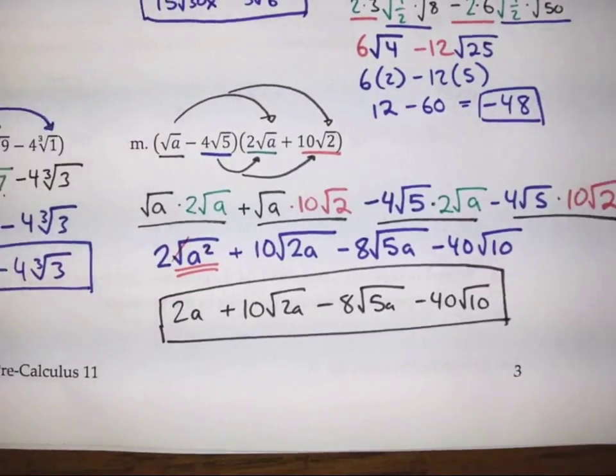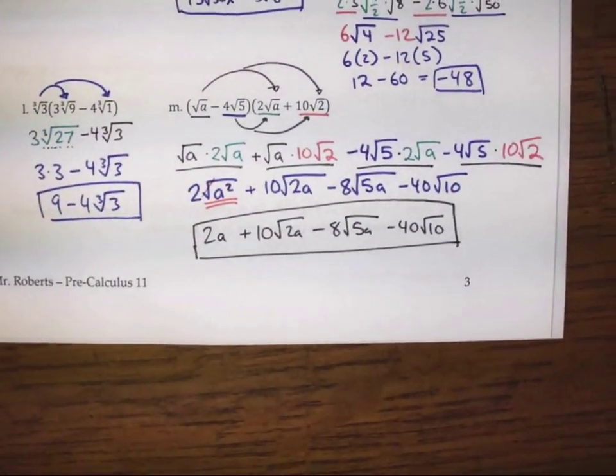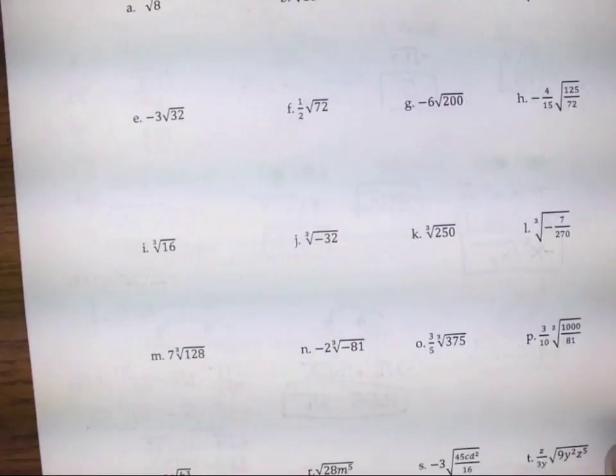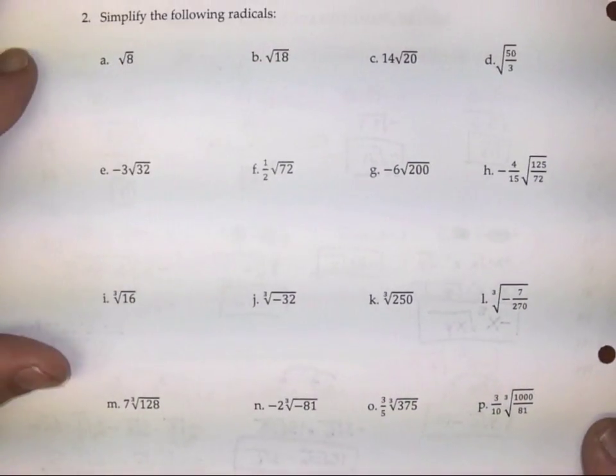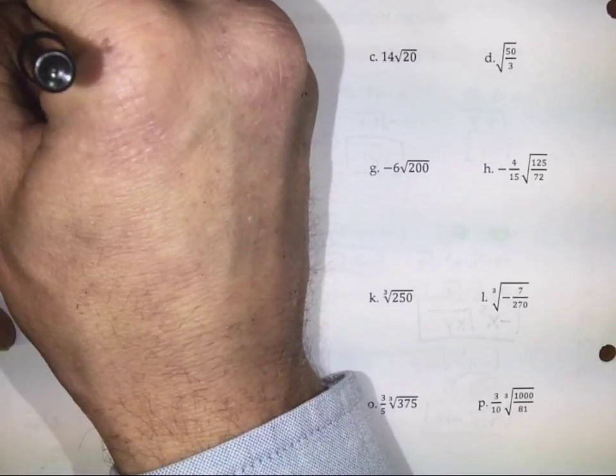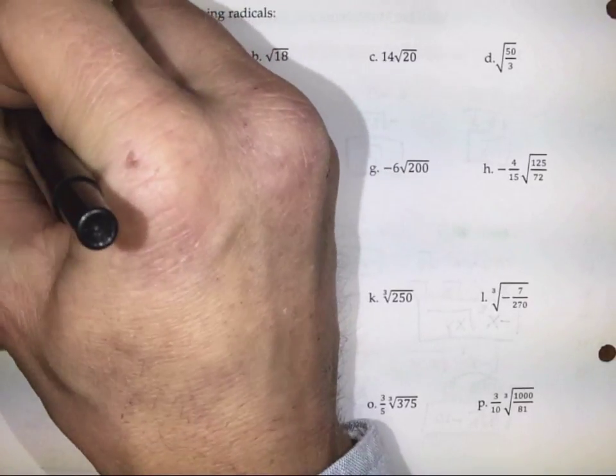All right, so I'm going to zoom back out for a couple of questions on the next page. Okay, and on the last page, the first thing we did is we started by writing out all our perfect squares and perfect cubes. So I really recommend you do that, especially on this page.